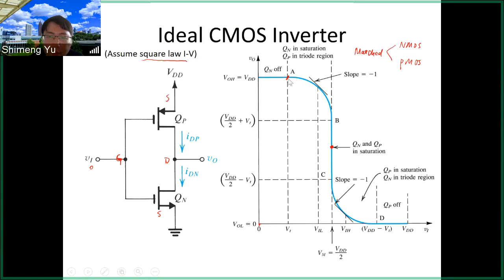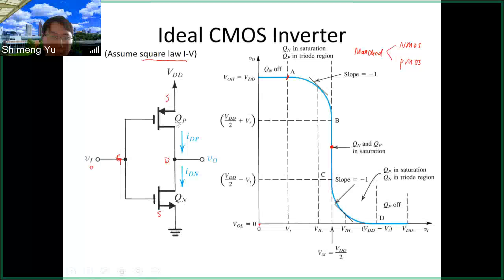So that's why you see the output decrease. In this segment from A to B, initially the VGS for the NMOS is small, just above the threshold. But the VDS for the NMOS, because the drain is close to VDD, is a large voltage. So you will see that NMOS Qn is in saturation from A to B.